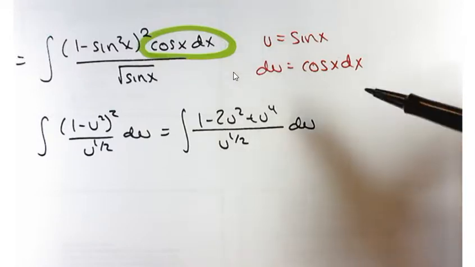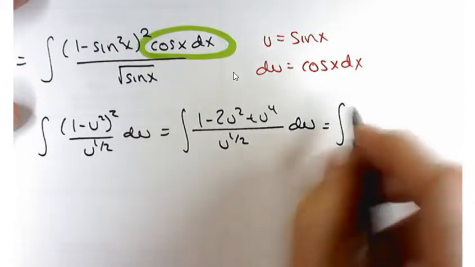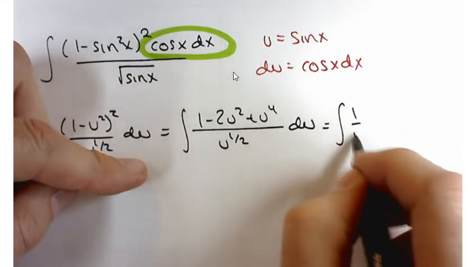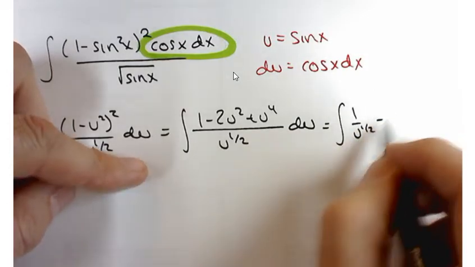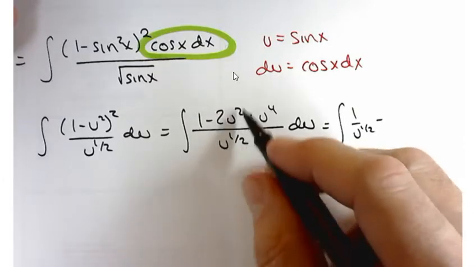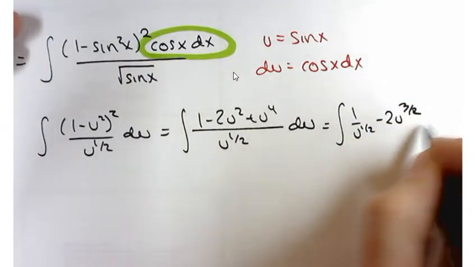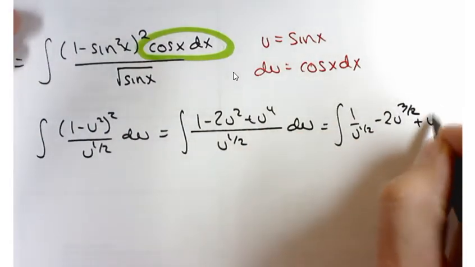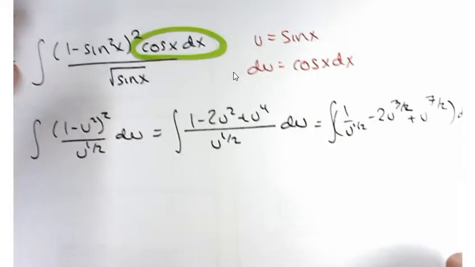Yeah, we can break it up. So, breaking it up, this is 1 over u to the 1/2 minus, well, let's subtract exponents, right? So 2u to the 3/2 plus u to the 7/2, all du.